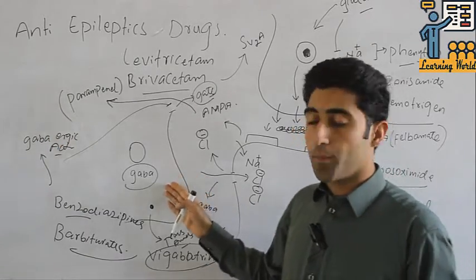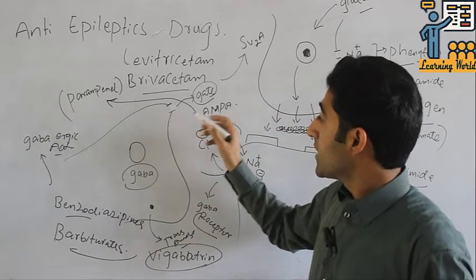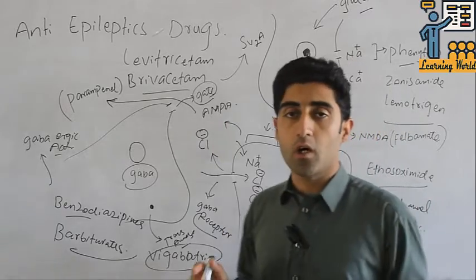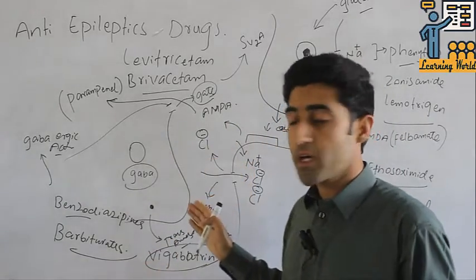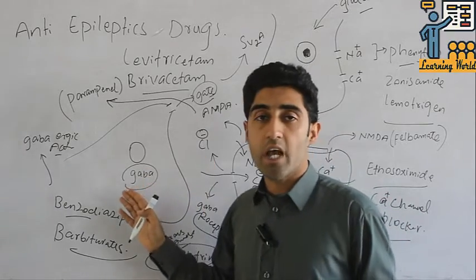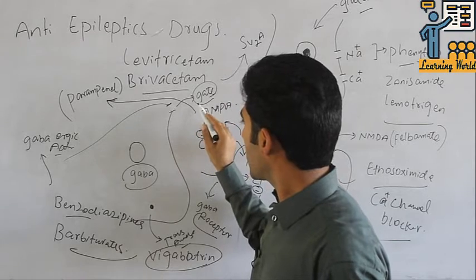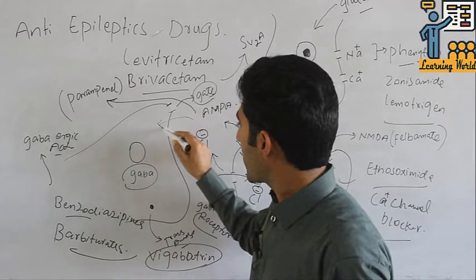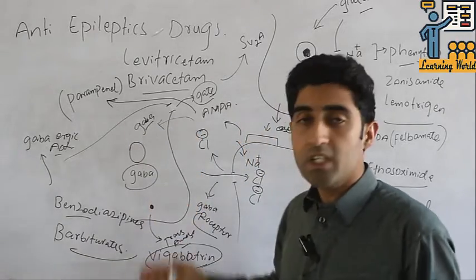Here in this presynaptic membrane of the GABA neurotransmitter, one transporter is present. This transporter is responsible to bring the GABA again from this synaptic space into this presynaptic membrane of the GABA. So in the pathological condition, this transporter will take the GABA back into this presynaptic membrane.